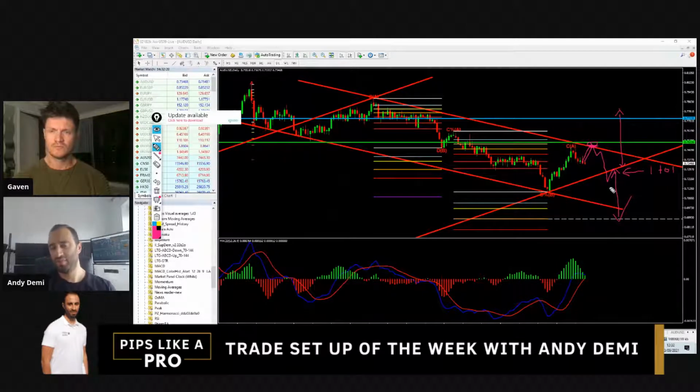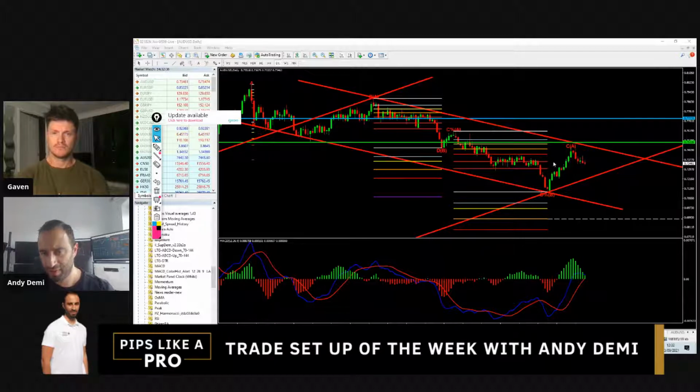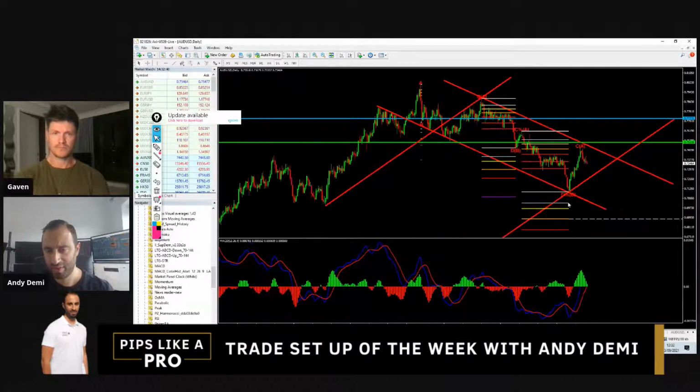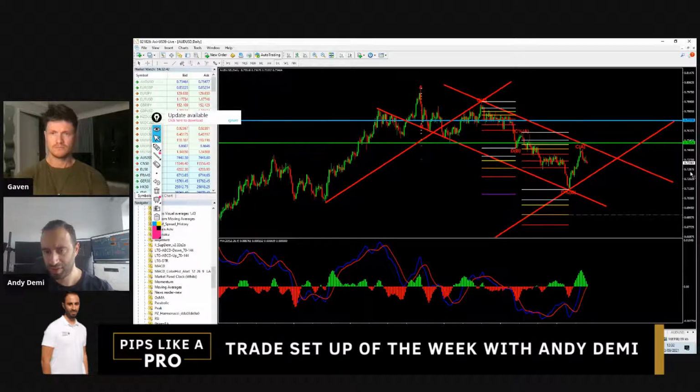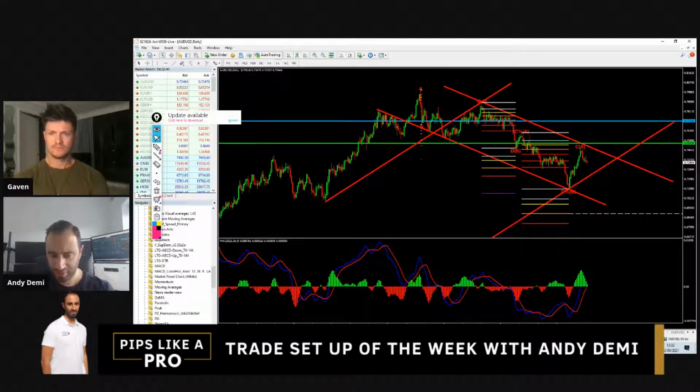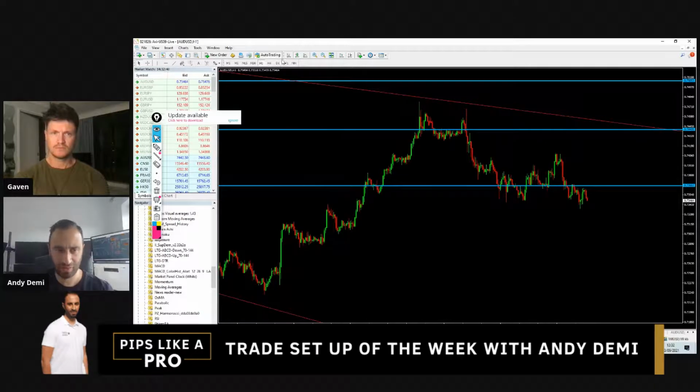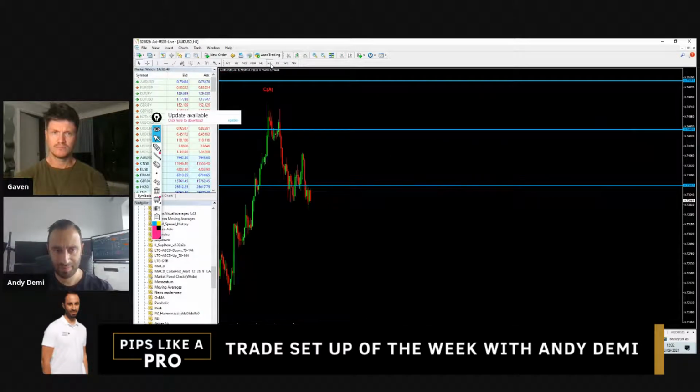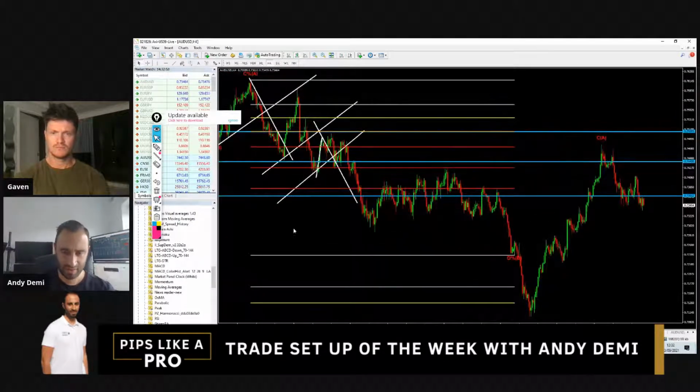So it just means that your probability is slightly lower, but your reward to risk is higher. I will go down to the 4-hour time frame as well to see if there's anything else that can help us here. Possibly the up fibs on the lower time frames on the 4-hour.